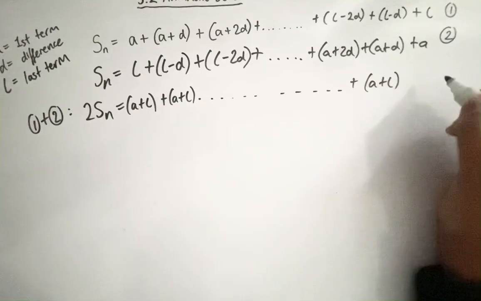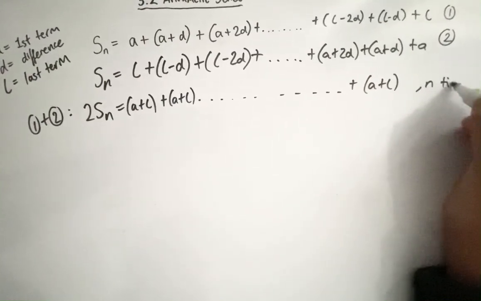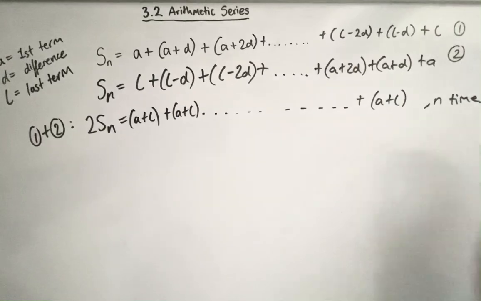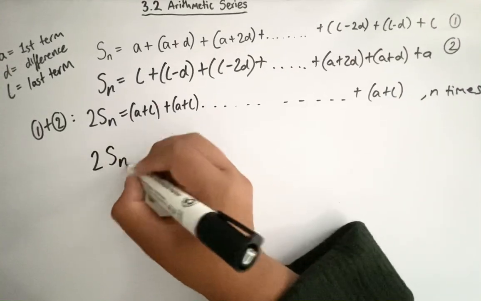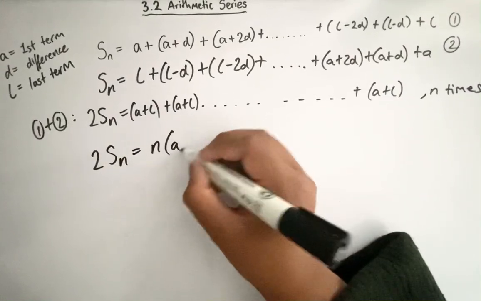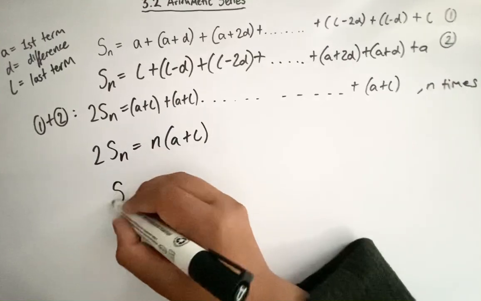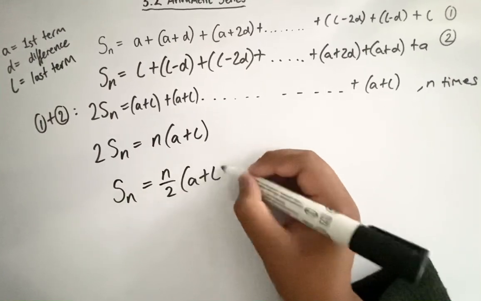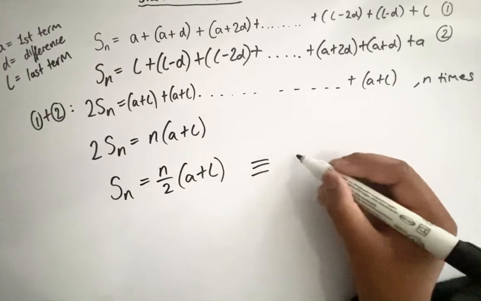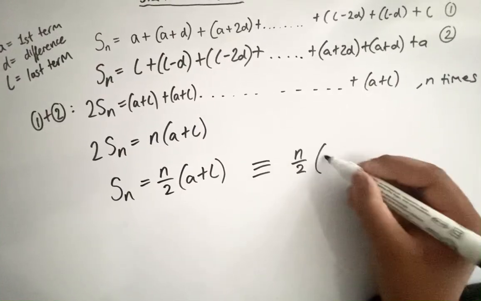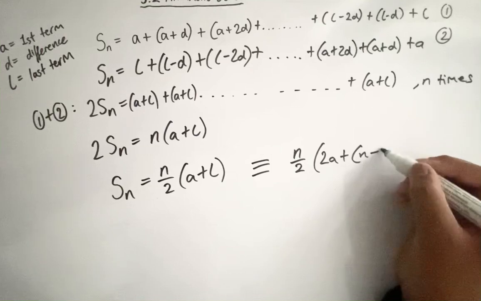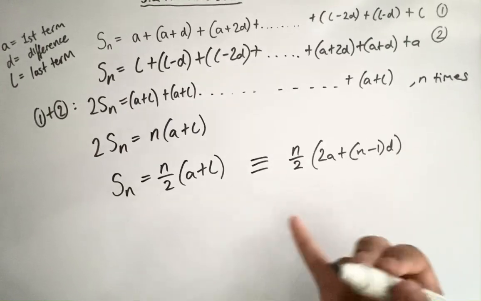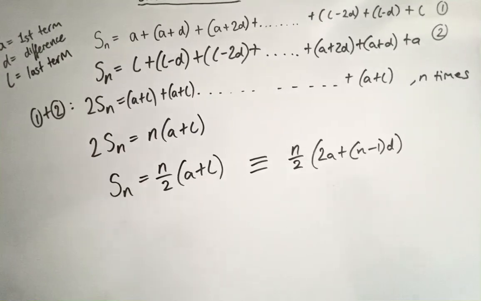And so you get this n times, because there's n terms in the sequence. So 2Sn equals n times (a plus l). So Sn equals n over 2 times (a plus l), which is the same thing as n over 2 times (2a plus (n minus 1)d). Sometimes this will be easier to use, and sometimes this is easier to use.